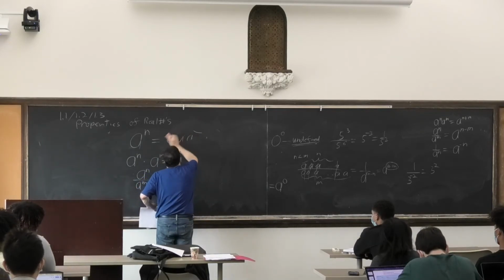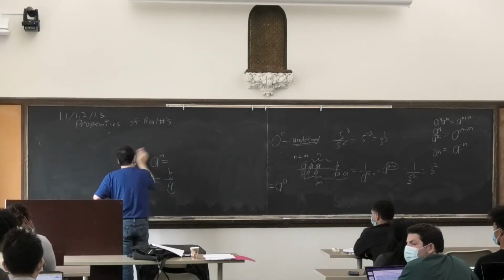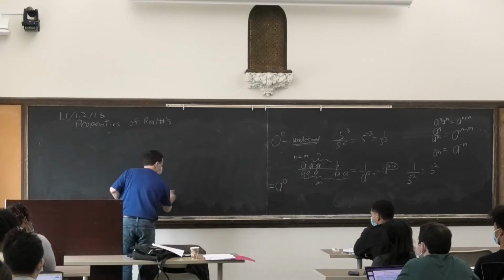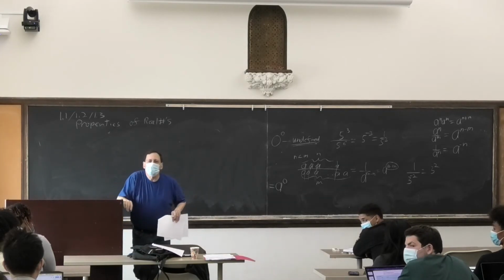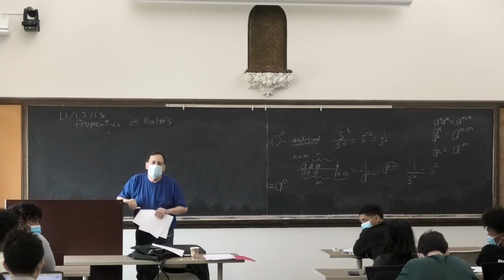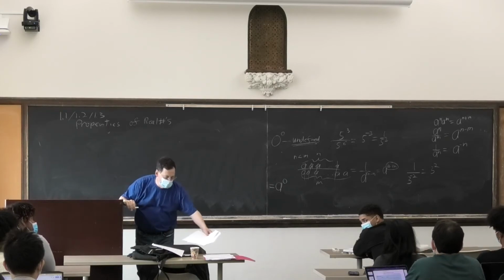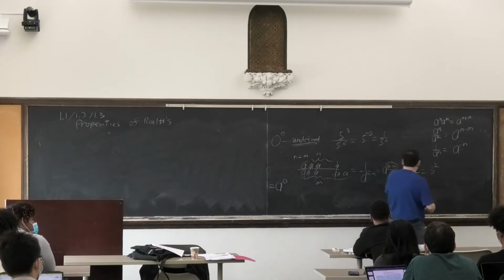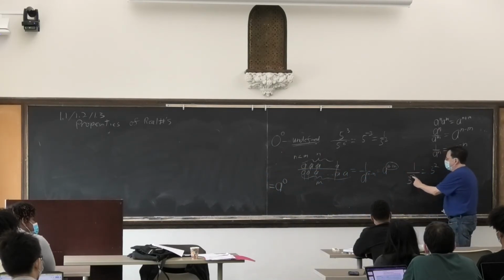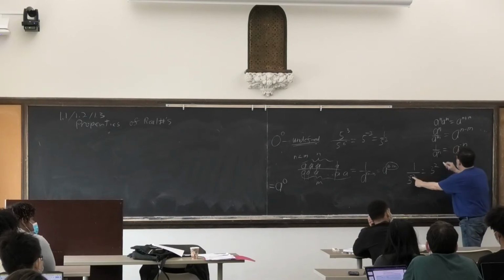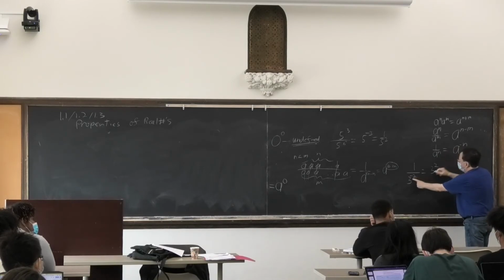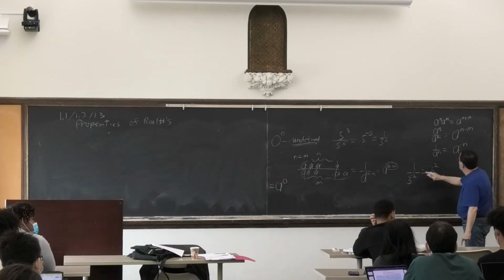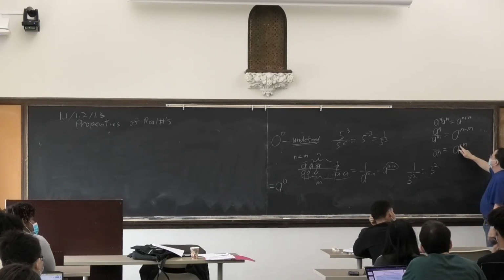I have a question. Okay, I'm going to turn around and take your question. Why is it 3 squared, or like, why is there no negative? 1 over 3 to the minus 2. Yeah. Okay, that's this rule here. So minus 2 is n. Minus n is minus minus 2, which is 2.